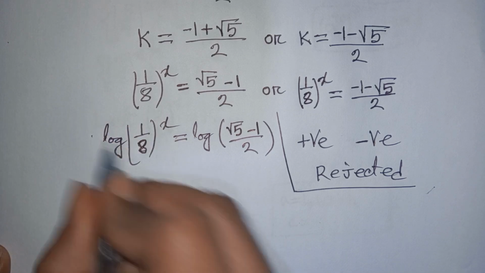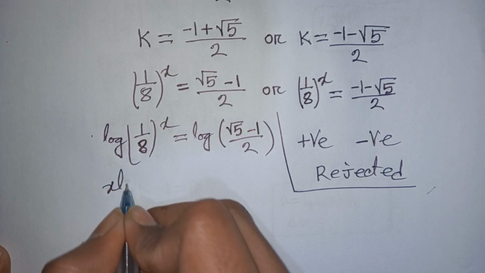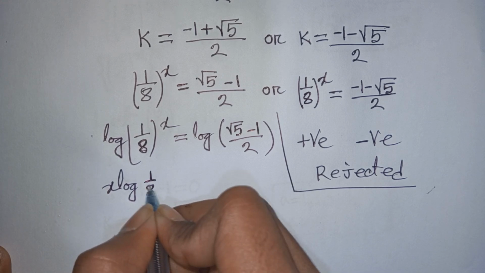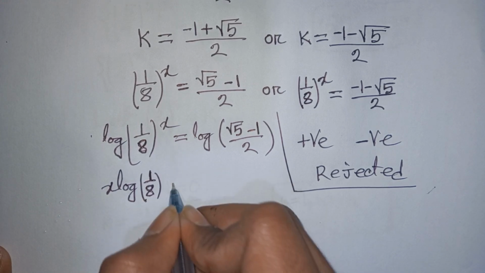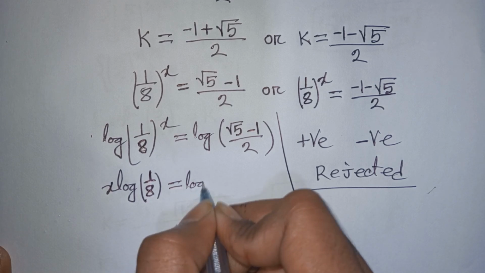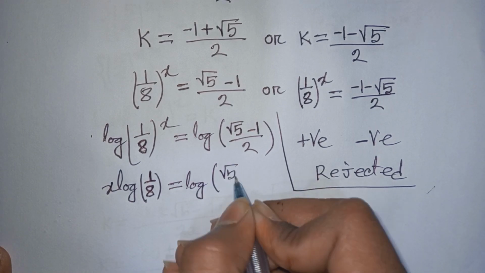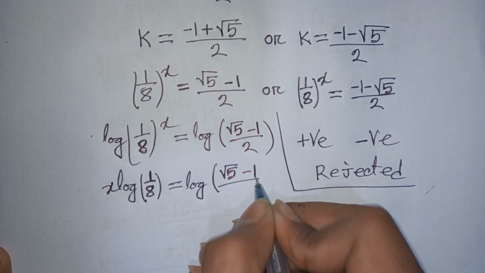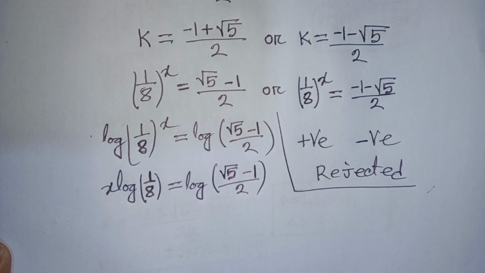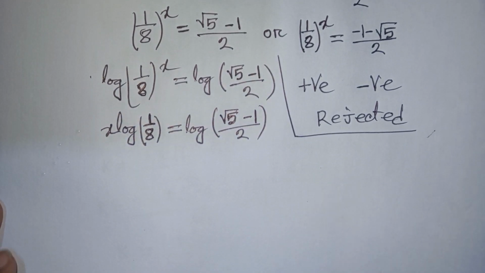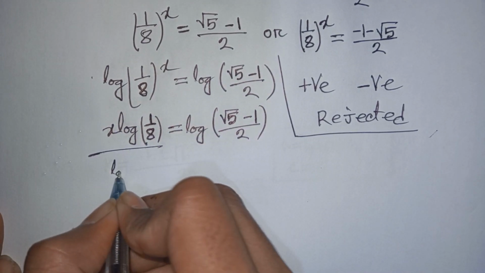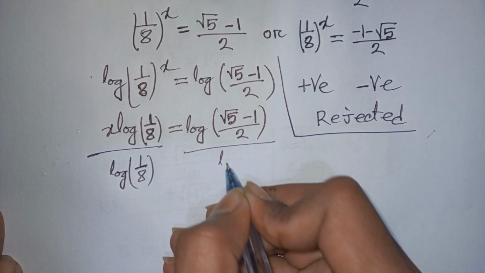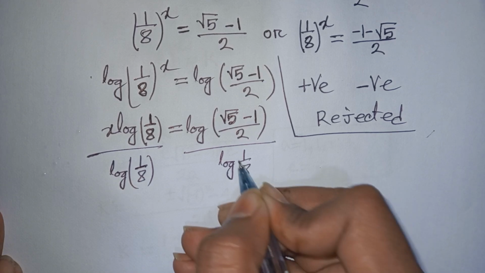So this power x will move to the front, so it will be x log 1 by 8 is equal to log of a square root of 5 minus 1 divided by 2. Now we need the value of x, so we divide by log of 1 by 8 on both sides.